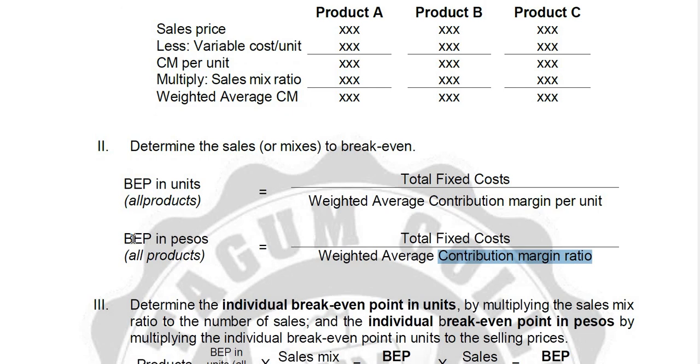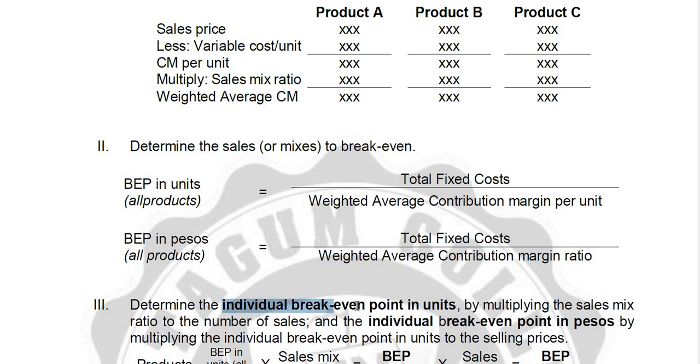So, after determining the total break-even point in terms of units or in terms of peso value for all products, pwede mo nang i-compute din yung break-even point ng bawat isang product.